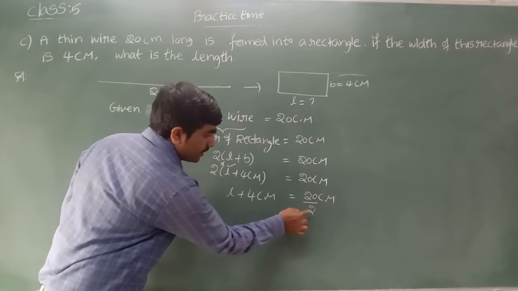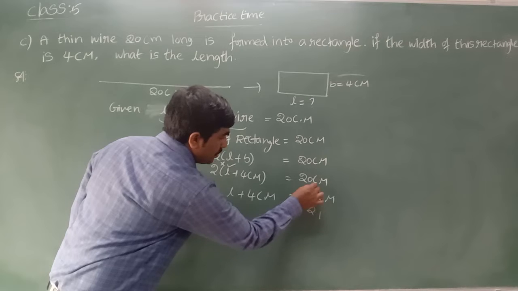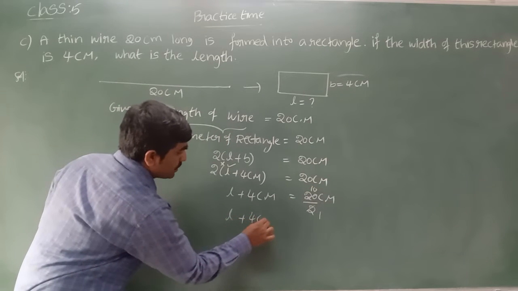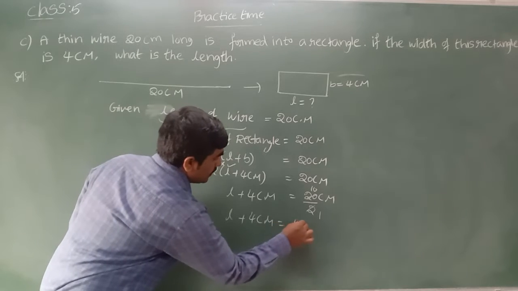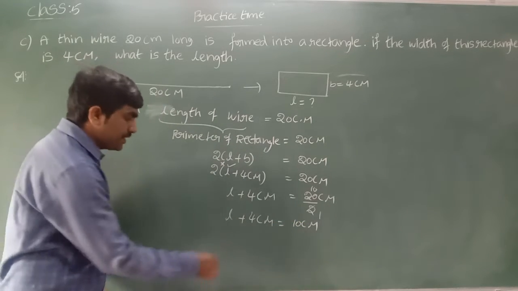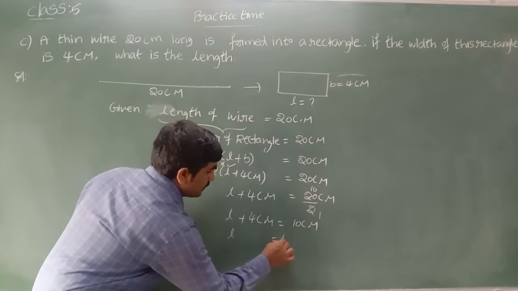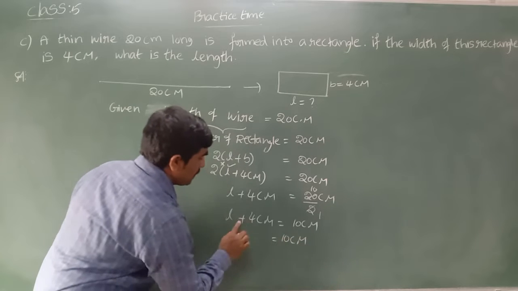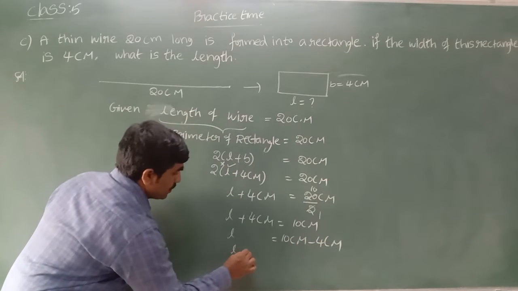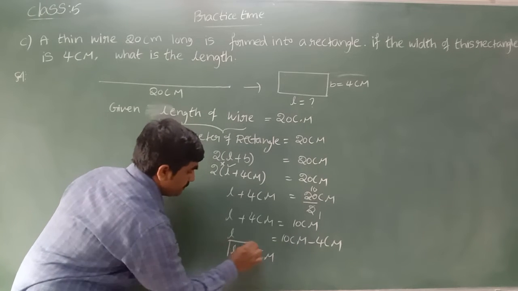The common factor is 2, so let us divide by 2: 2 ones are 2, 2 tens are 20. So L plus 4 centimeters is equal to 10 centimeters. To find the length, we transpose the 4 to the RHS, so length is equal to 10 minus 4 centimeters, which is 6 centimeters.